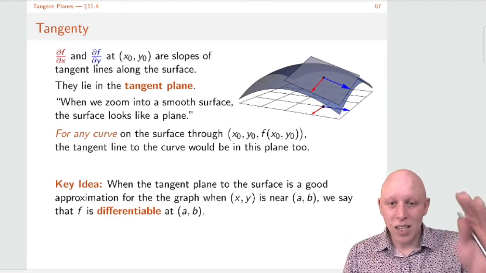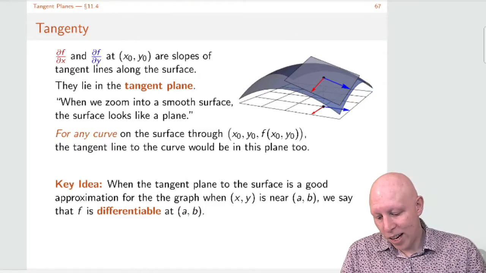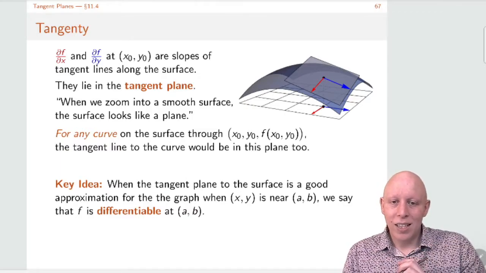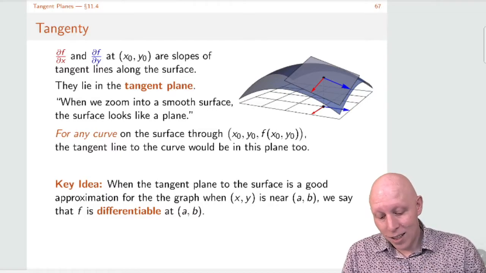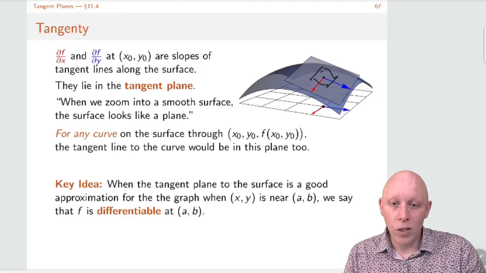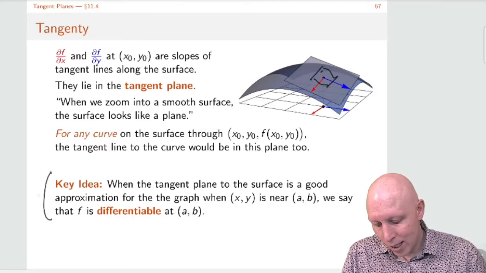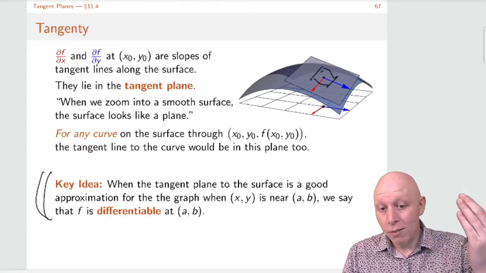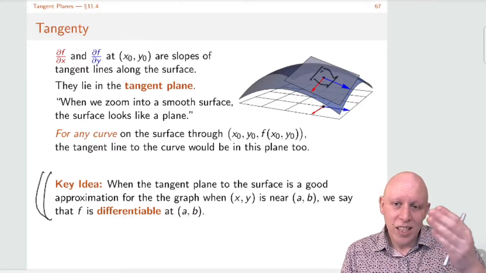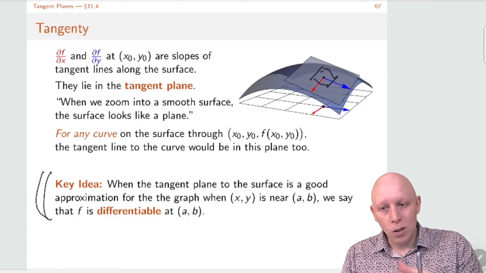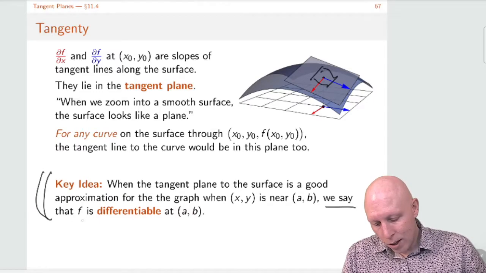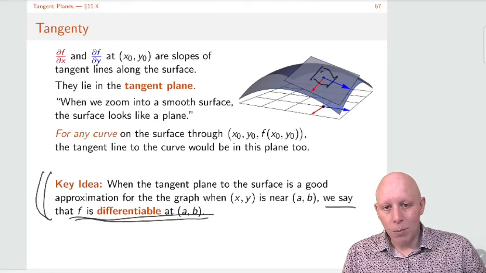Well, you bring all these ideas together, and you say, if you can have this limit that exists along every path, then this tangent plane looks a whole lot like the surface when you're very close to AB. And so this key idea, which will manifest itself in a couple of different ways as we go forward, is going to say the tangent plane is a good approximation for the surface when we're close to the point. And we're also going to say that the function is differentiable at that point.